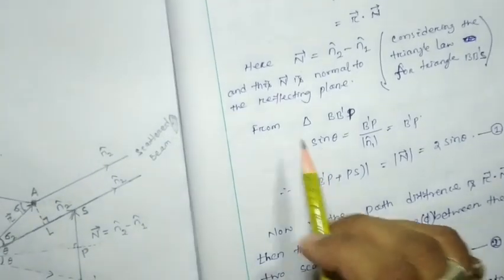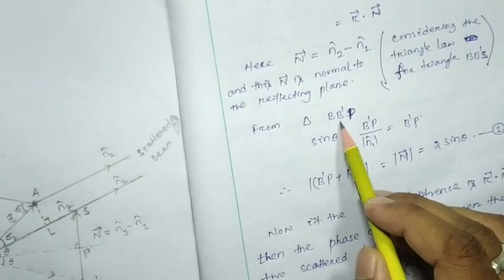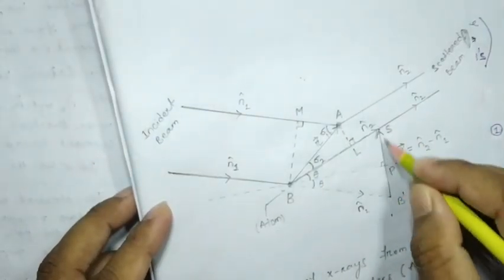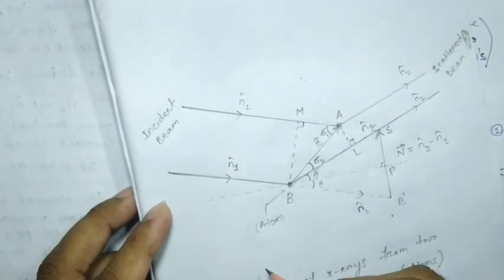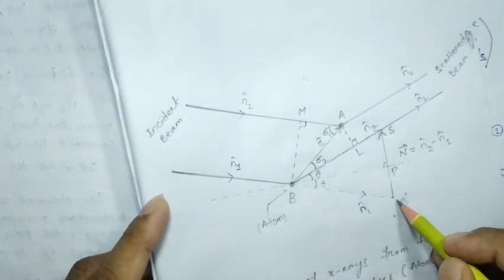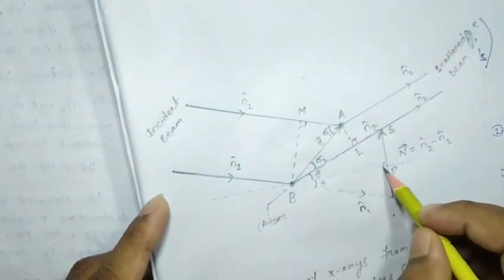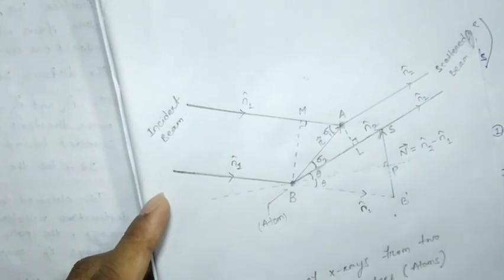Now from triangle B dash P, I take B dash S, the n vector, as perpendicular to this plane. So this angle is theta, and this angle is also theta. Now we consider the triangle B dash P. In this triangle, this will be the 90 degree and this will be theta.